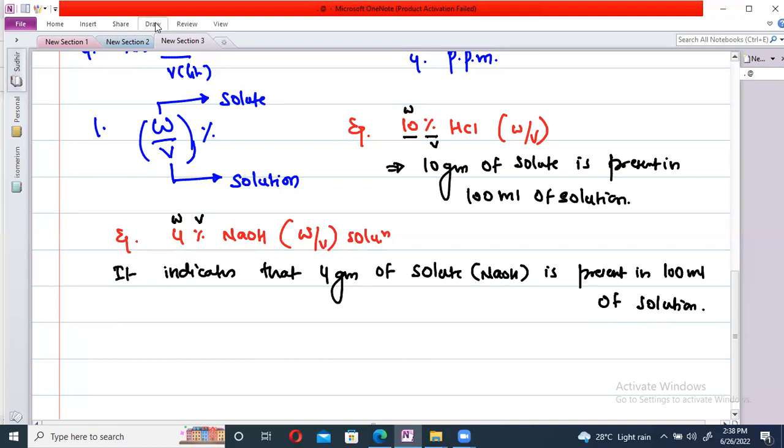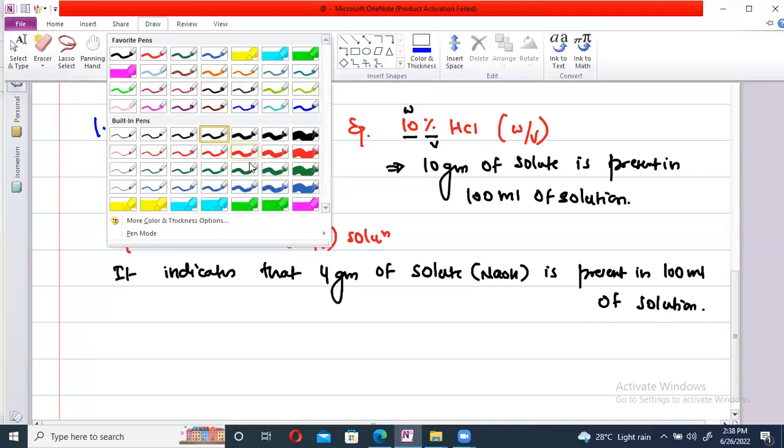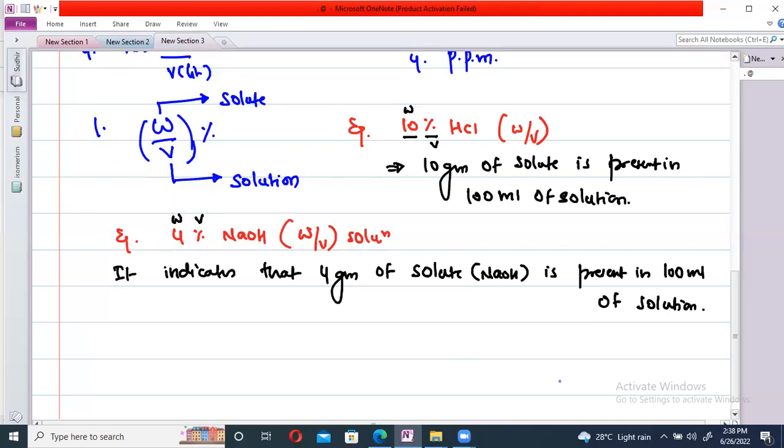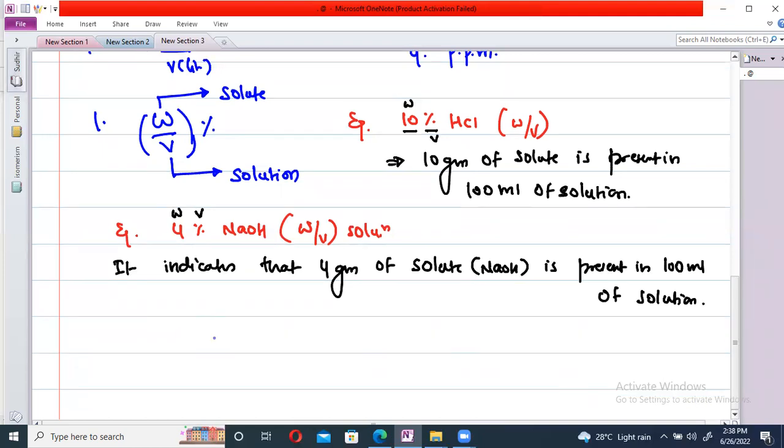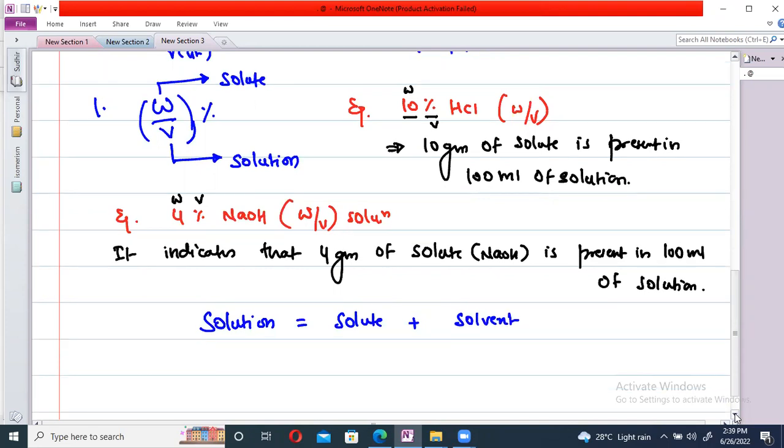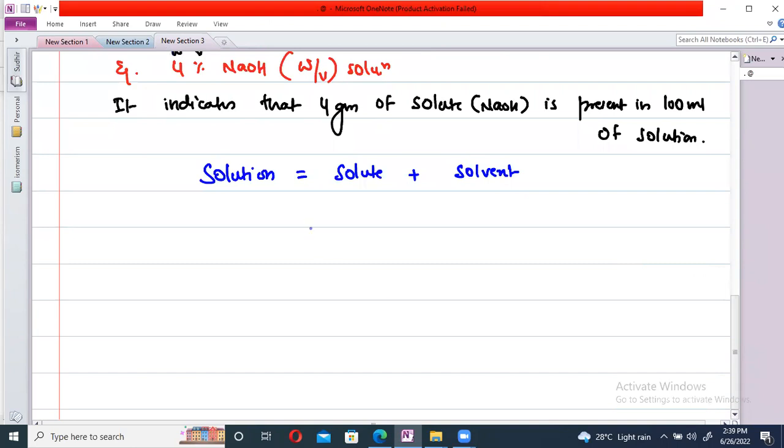I know, but still some students have doubts about what is meant by solute and what is meant by solvent. Initially I thought I had covered it, but again I'll give the explanation. The solution we are discussing here is made up of two components. One component is called a solute and another component is called a solvent. Sir, how do we know which one is the solute and which one is the solvent?